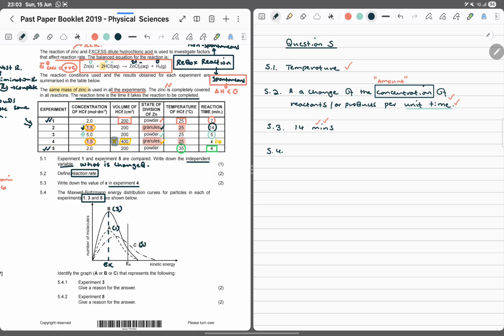Right. But why? We will see that whenever the average kinetic energy shifts horizontally to the right, this would be happening at a higher temperature. So we can see that the average kinetic energy of those particles in that experiment is much higher because it shifts to the right, and we can see the peak drops a bit.